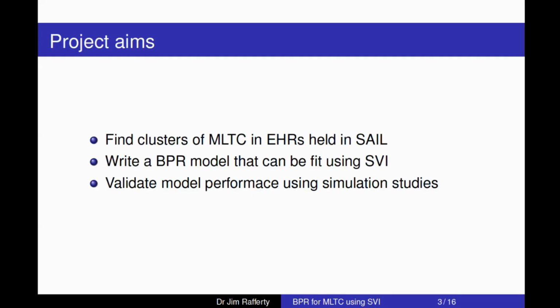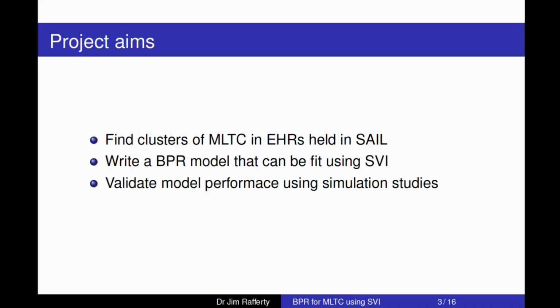We ended up using SVI, stochastic variational inference, and I will explain that as we go through the talk. This work was done by manually writing down the model in a probabilistic programming language, a PPL. It's good practice in that scenario to do simulation studies to make sure the model is doing what we think it's doing. That was the third aim of the project.